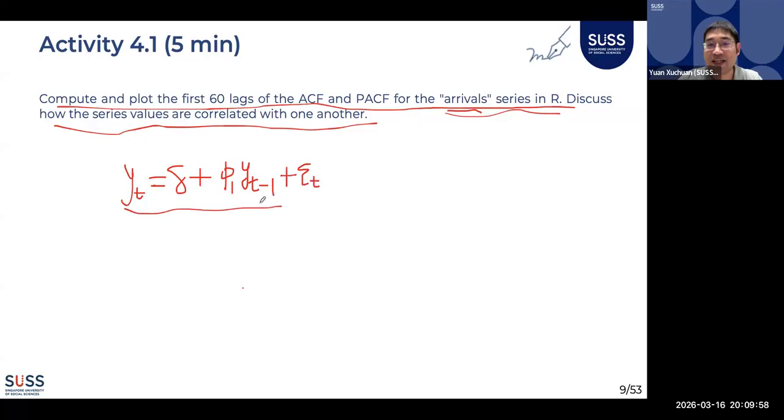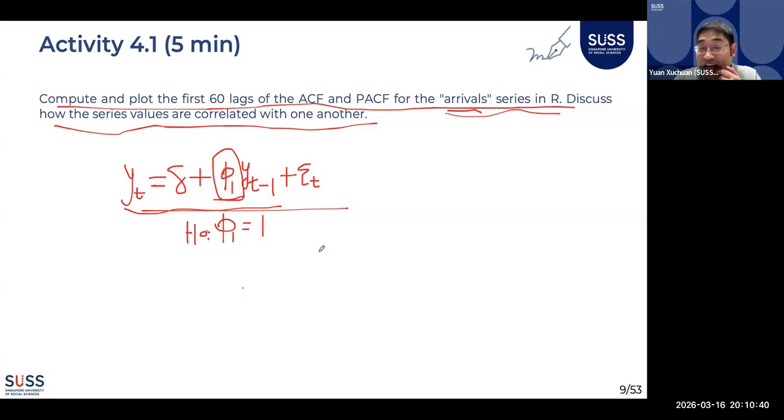So here the ADF test means we want to see whether phi_1 is equal to 1, which means this AR(1) model is not stationary. Later we will discuss that the coefficients in the AR model, phi_1, phi_2, must meet the stationarity requirement. So the ADF test roughly tests the null hypothesis that phi_1 equals 1.